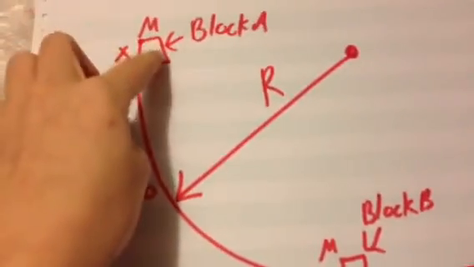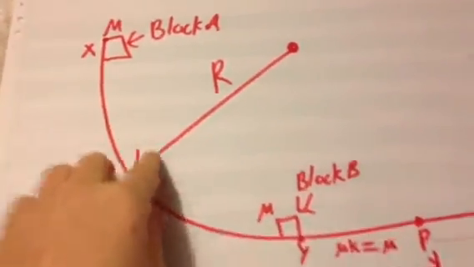And so we want to find the transfer of the kinetic energy, because as block A is coming down, it's colliding with block B. And so we want to find how much energy block A is transferring to block B. So in order to do that, we have to find the kinetic energy that is lost.